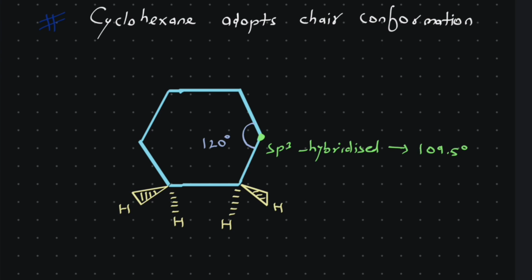This is the ideal angle of sp3 hybridized carbon. But there is a 120 degree angle if cyclohexane is flat. So there is a deviation from 120 to 109. This will create angle strain.